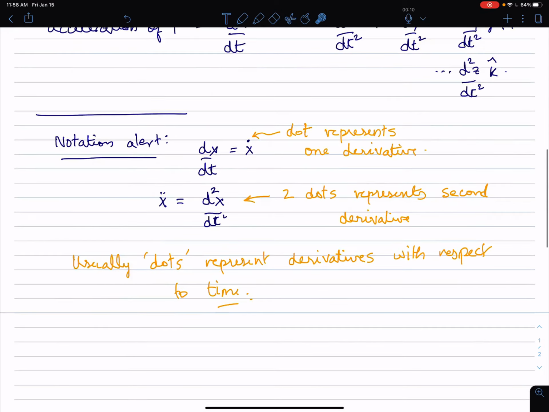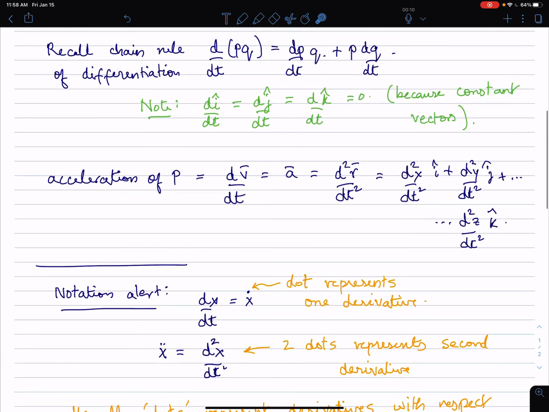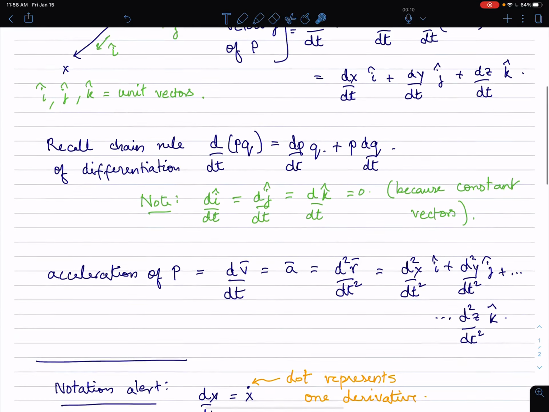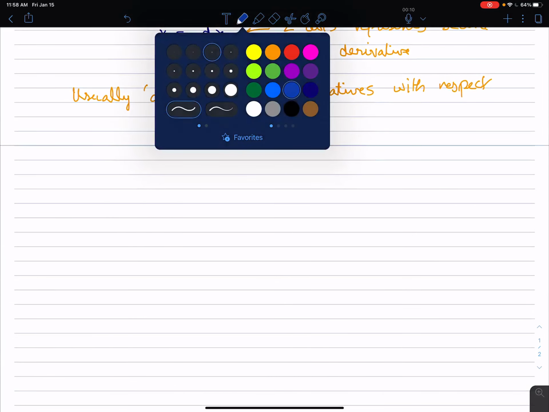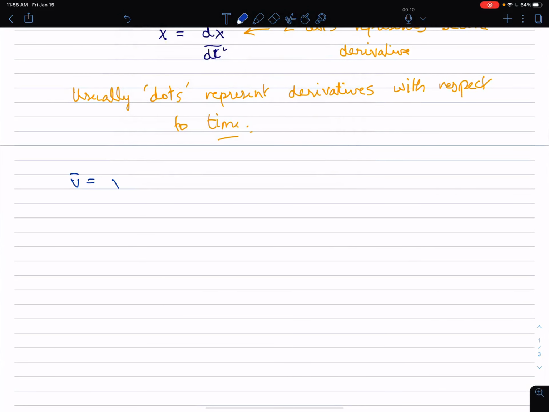Okay, so for instance, we can write some of this stuff in terms of the dot notation, where we can just say v equals x dot i plus y dot j plus z dot k. Okay, so that, for instance, is fine. A equals x double dot i plus y double dot j plus z double dot k. So that's totally fine.